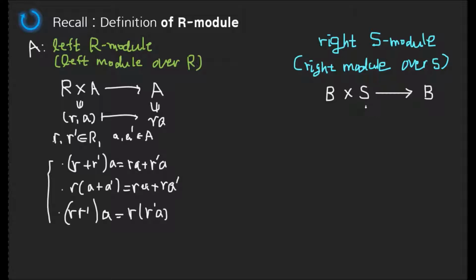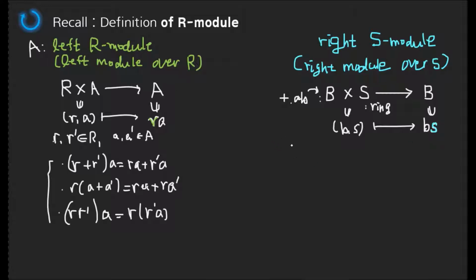Okay, S is a ring, B is an additive abelian group. Then we consider B times S going to BS. Note that in comparison to the left R module, where the ring element is on the left side, here the ring element S is on the right side.